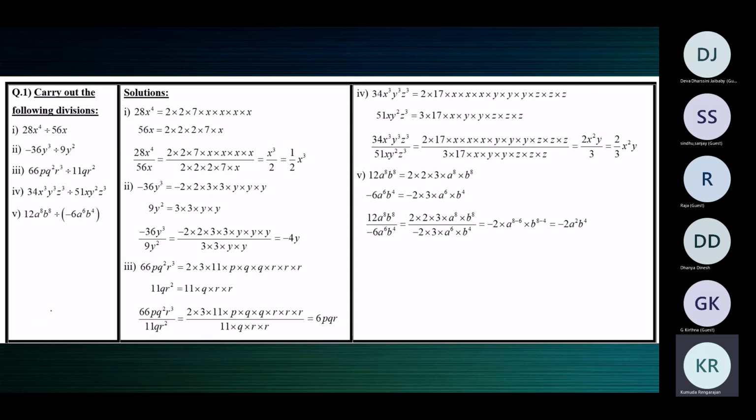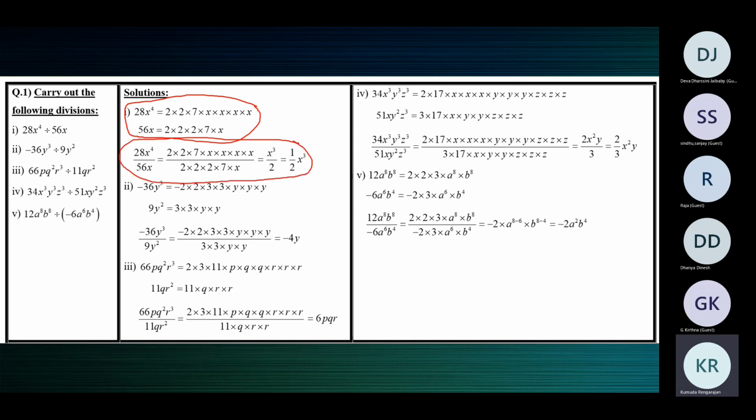Is that fine, children? Yes, ma'am. Okay. Now this step is optional. You can directly do the step.